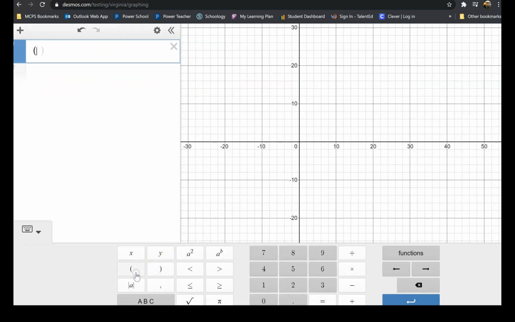Alright, so we're going to do parentheses, and then we're going to set up our equation. 1.5 times 10, hit this little AB button, to the 8th, tab, parentheses, divided by, parentheses, 3 times 10, hit the AB button, to the 5th, tab, parentheses.